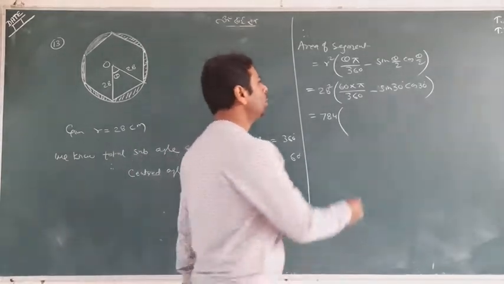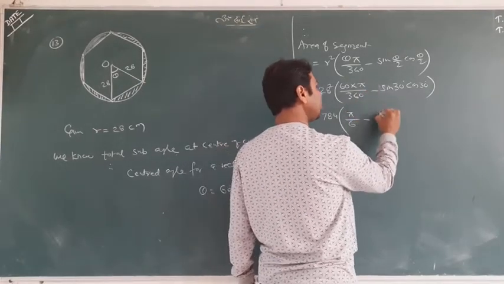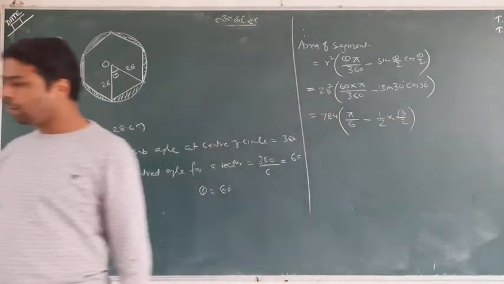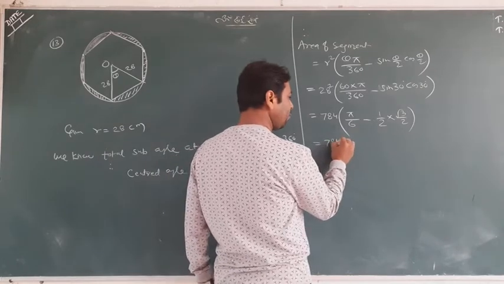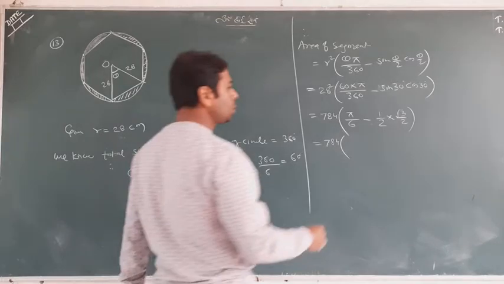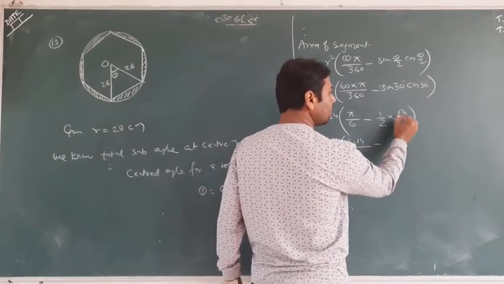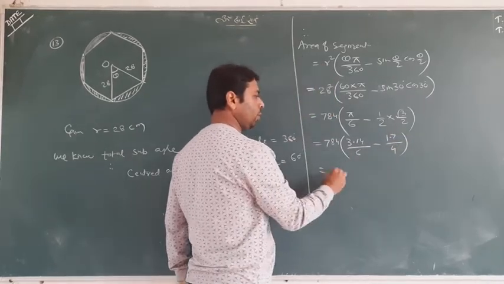Now I'll go with pi upon this, which is going to be 6, and sin 30 is half and cos 30 is root 3 by 2. The value of root 3 is given in this question as 1.7. So I'll go with 784, the value of pi is also given in the question as 3.14, upon 6 minus the value 1.7 upon 4. This is a 4.